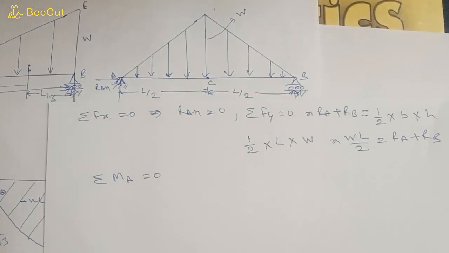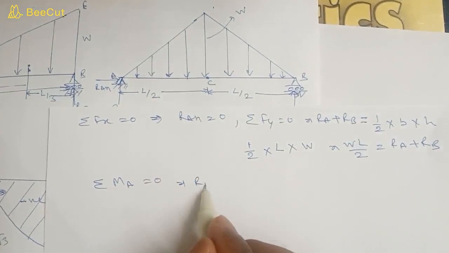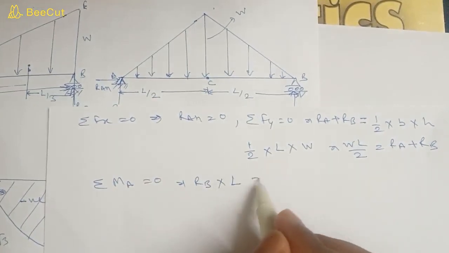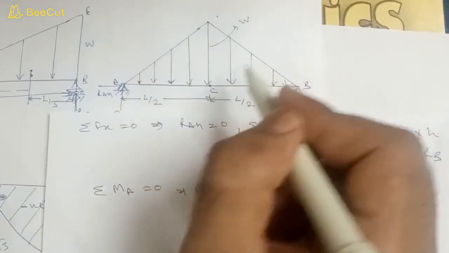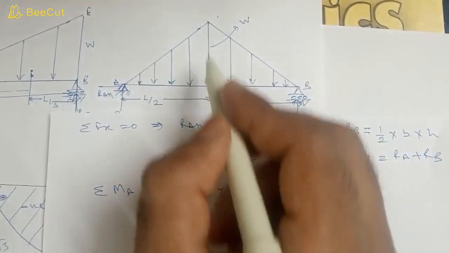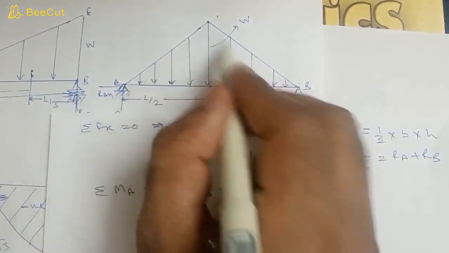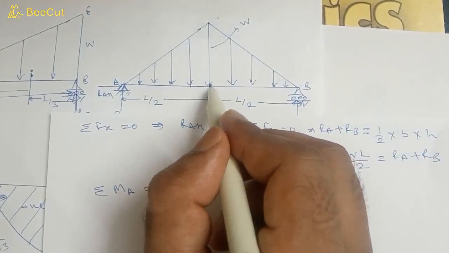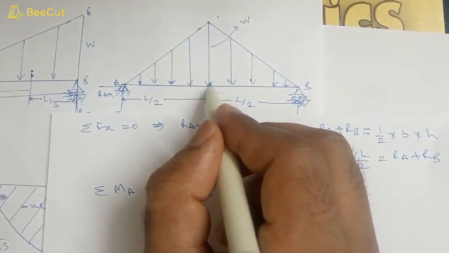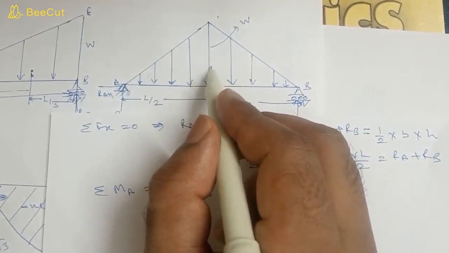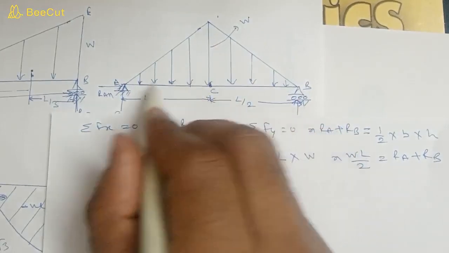Now the moment of RB about this point will be RB into L is equal to, if we separate this triangle, we can say that this triangle is symmetrical about point C. So its centroid will be at point C, and its x-axis of centroid is at point C. The y-axis will be somewhere here, maybe W by 3, but the x-axis is 0 here at the midpoint of this load.